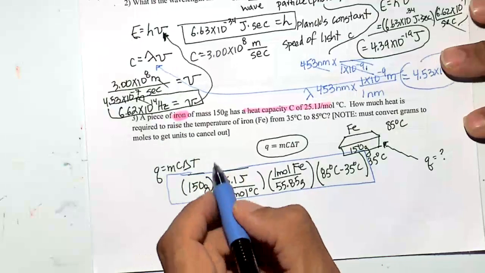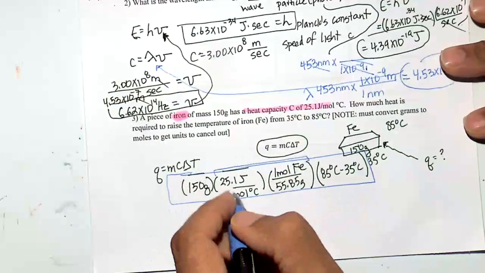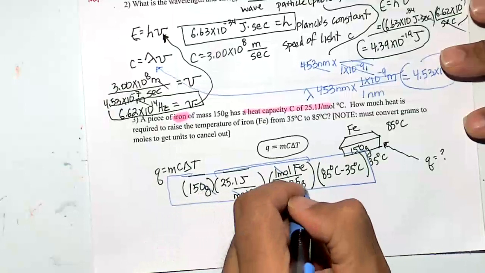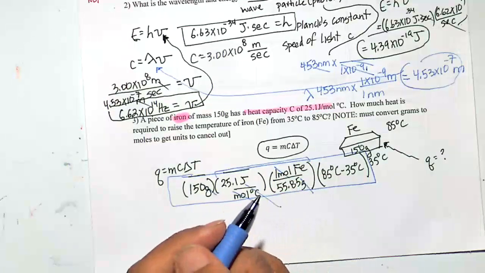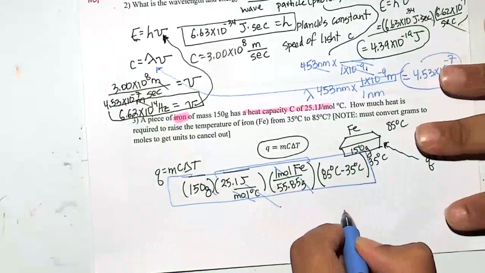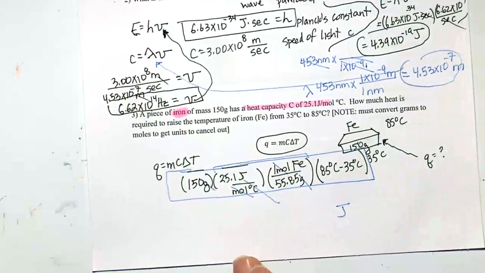Mass, C, I just had to convert to cancel out the moles and grams. The degree C and the degree C cancel, and I am left with joules, okay? Joules, which is energy. Heat is in the units of energy.